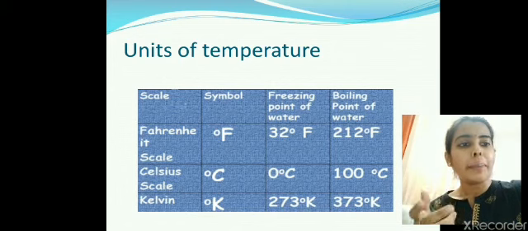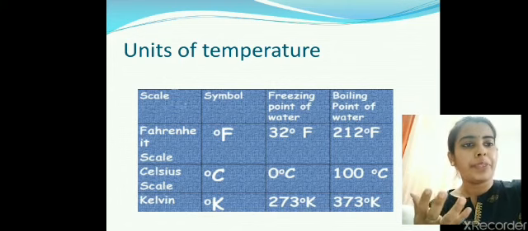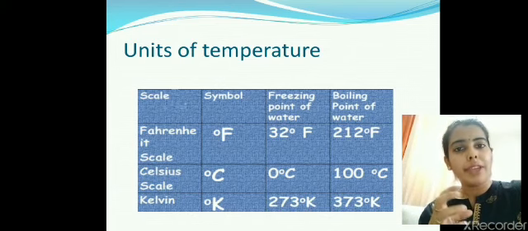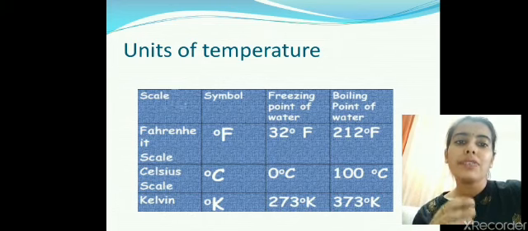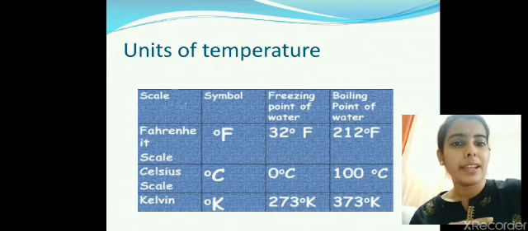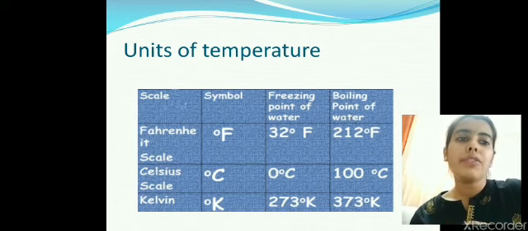These are the freezing point and boiling point. Freezing point is the point where the water will start freezing. So the water freezes at 0 degrees Celsius, or 32 degrees Fahrenheit, or 273 Kelvin.